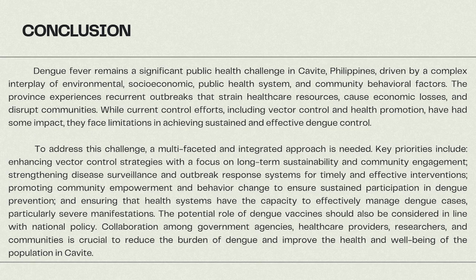The potential role of dengue vaccines should also be considered in line with national policy. Collaboration among government agencies, healthcare providers, researchers, and communities is crucial to reduce the burden of dengue and improve the healthcare and well-being of the population in Cavite.